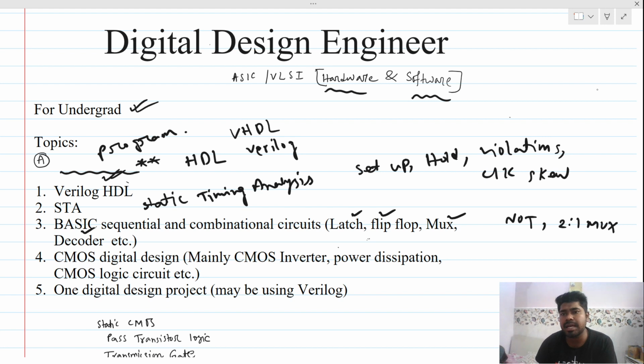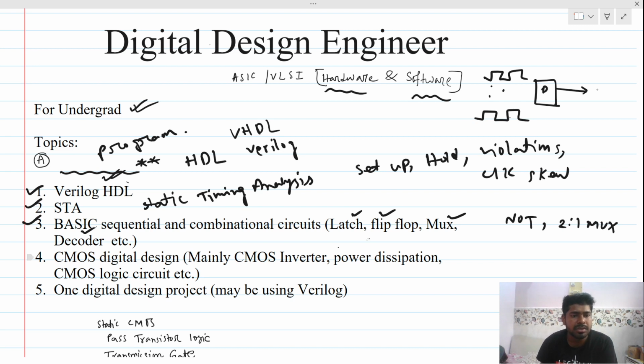There can also be a question where you have a D flip-flop with an input and a clock signal, and you have to predict the output depending upon the clock and the input signal. So the first three are done.